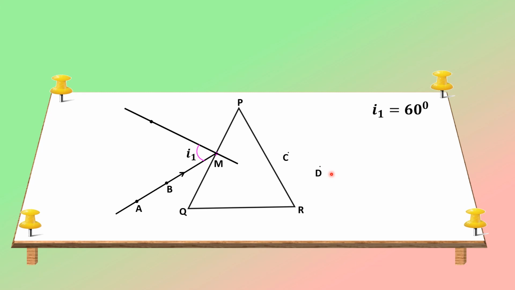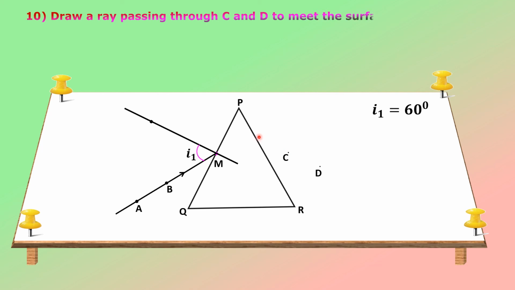Now we have to draw a ray passing through C and D to meet the surface PR at N. Here we have to draw a ray like this, and that ray will meet the surface PR at N, and that ray indicates the emergent ray.